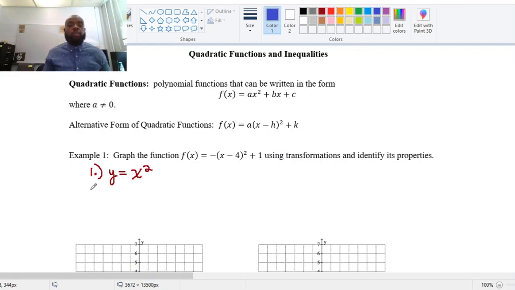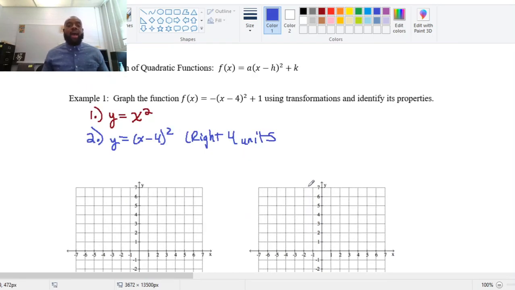Then my first transformation is the first thing that I can see that's done to that x, and that's the minus 4. So I'm going to graph next y equals the quantity x minus 4 squared. That means I'm going to shift to the right 4 units. Then I'm going to graph the negative that's out front.